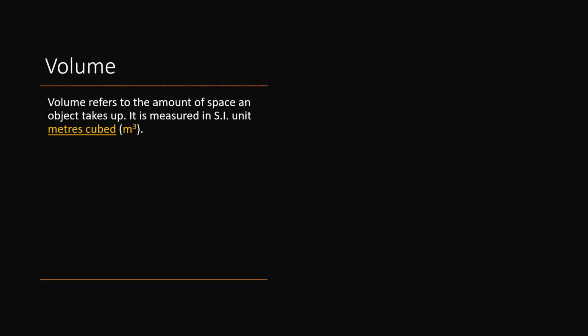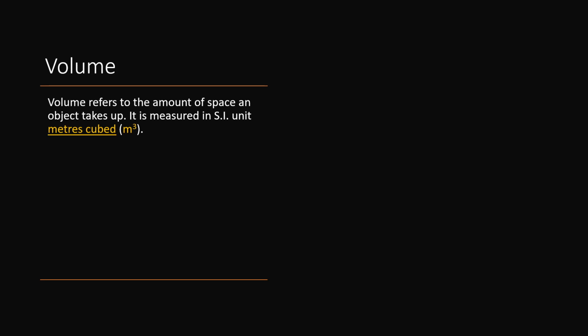Volume is measured in the SI unit meters cubed. We can look at the volume of different objects and compare how much space they take up. For example, your bed has a lot more volume than your computer monitor, but they could have very different masses. One thing could weigh more than the other on Earth.